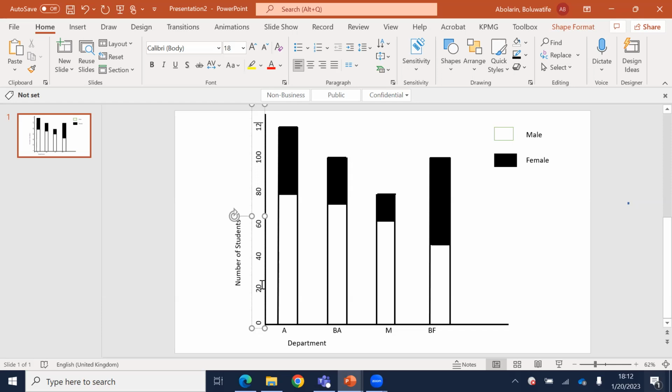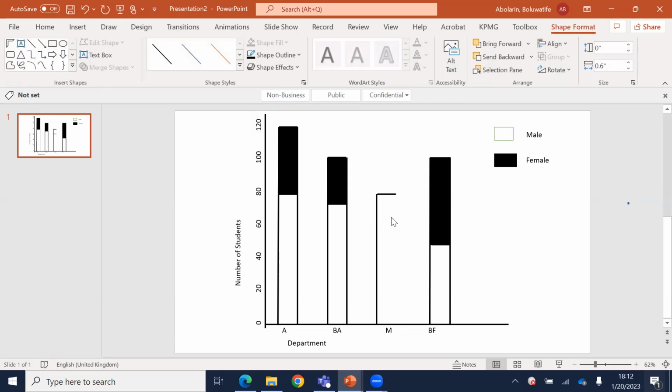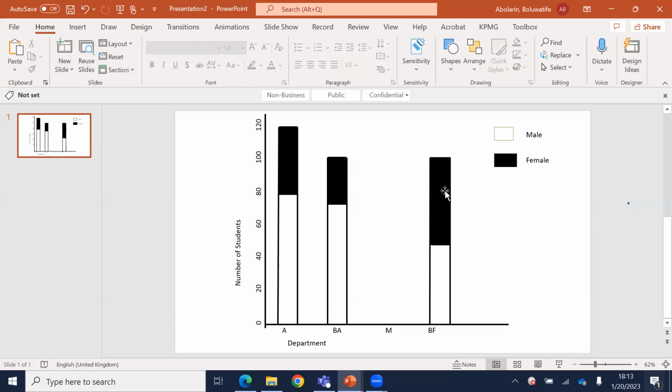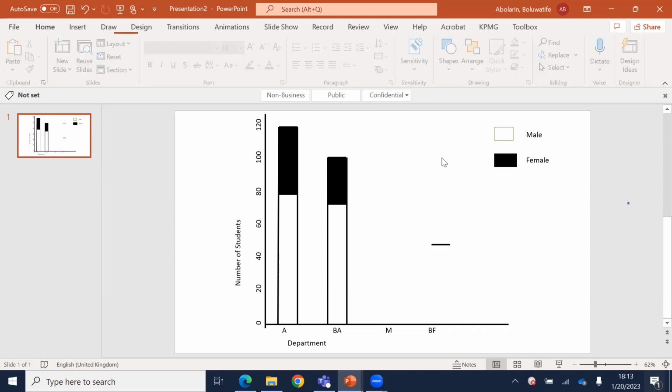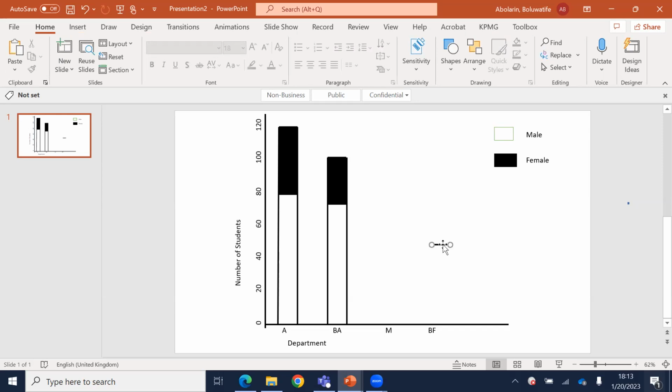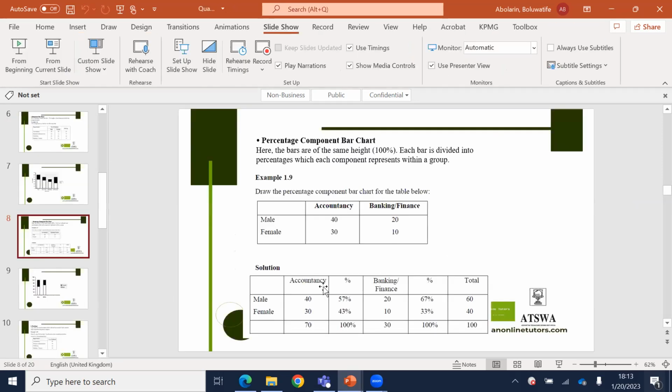If you like, you can put 120, even though you are not going to reach it. Now we said we want to make two things, which is accountancy and banking and finance. The first one is 57%.